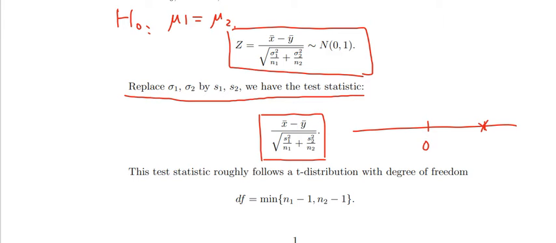So we can say this one will be close to a t-distribution with degrees of freedom. For the degrees of freedom, we have two options, n1 minus 1 and n2 minus 1, and we just pick the smaller one.